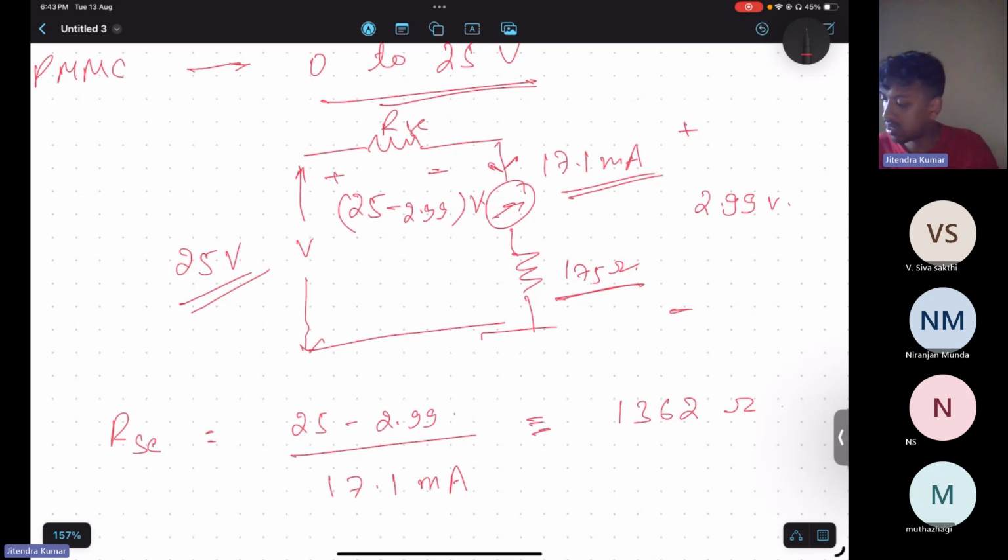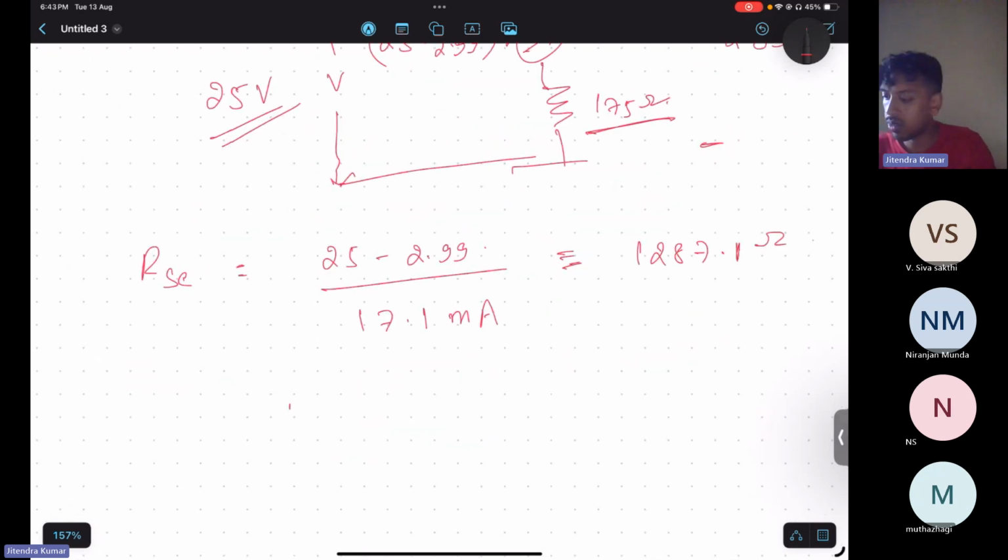Yeah, so now it is coming as 1287.1. So now it should fall within the range. Yeah, so now it is falling in the range. So the range is 1219 to 1348.